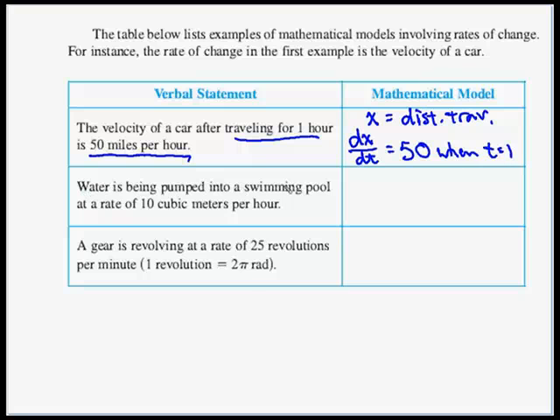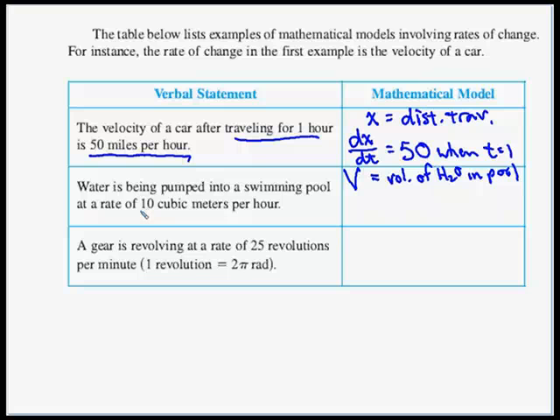The second one, water is being pumped into a swimming pool at the rate of 10 cubic meters per hour. So what is our variable going to be? What are we talking about here? Cubic meters per hour. We're pumping stuff into a pool, a three-dimensional pool. So it's going to be volume, V. V is the volume of water in the pool. So did they give us a rate?